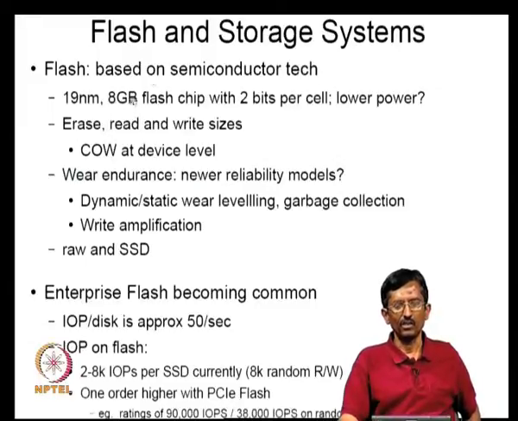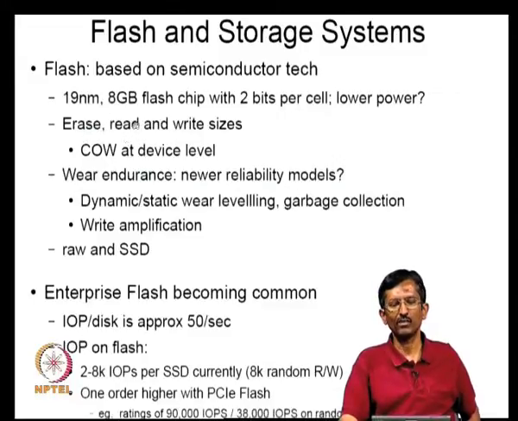Now, this flash has an interesting thing: in addition to read and write sizes like a disk, it has something called erase. Basically, once written, you have to erase it before you can write again. And there are some specific sizes at which you can do this.